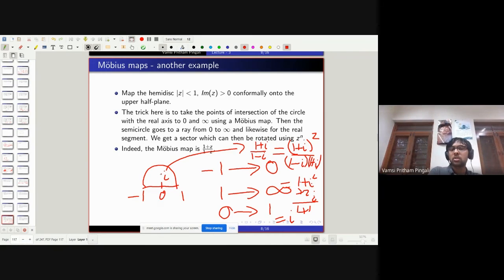I'm sorry, i is here. This point goes to this. So in other words, this goes to this particular sector, namely the sector consisting of the y-axis and the x-axis, the first quadrant.